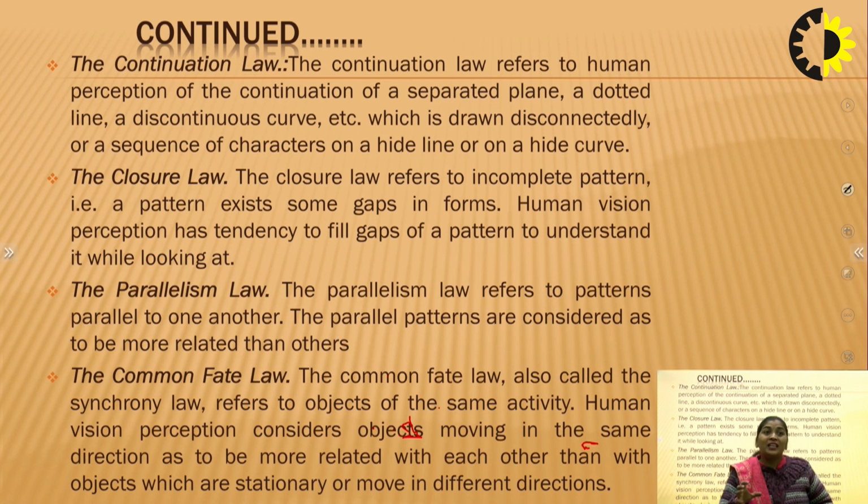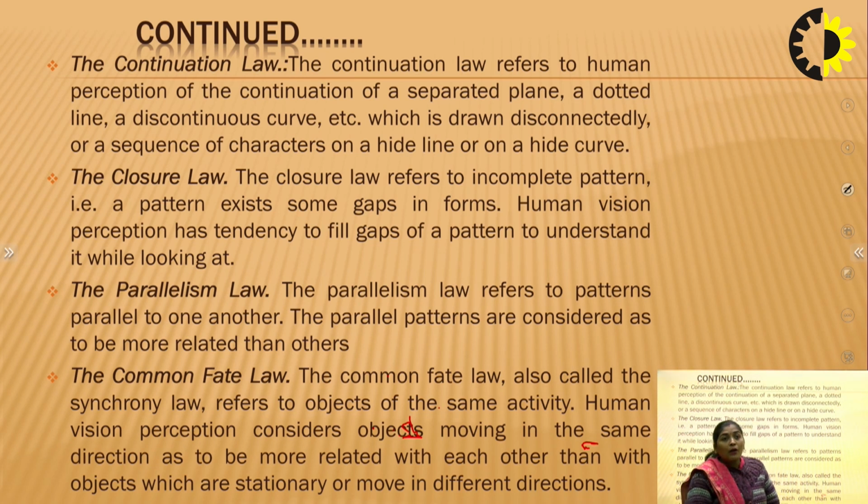So the continuation law refers to the patterns which are discontinuous, which occur at regular intervals or after some time. They are taking time duration. So that is the continuation law. Next is the closure law.